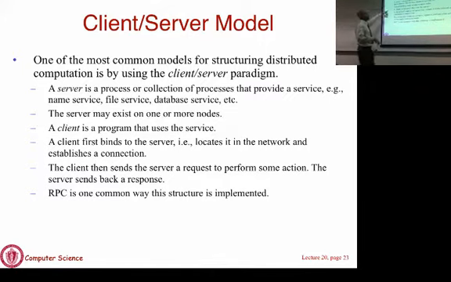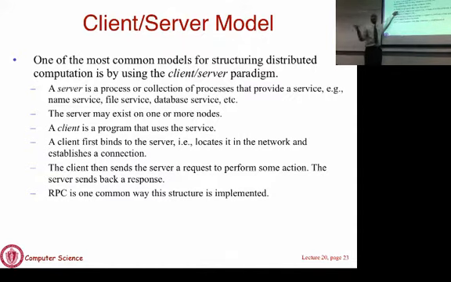There are many types of servers: file servers, database servers, print servers, web servers, a whole class of mail servers and so on. Servers may themselves be distributed, they don't have to be on a single machine. For large applications, servers are typically going to run on more than one machine. Here we will not look at that scenario, we'll look at a server running on a single machine and then clients running on many machines as well.